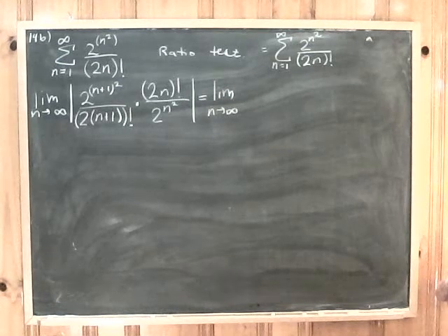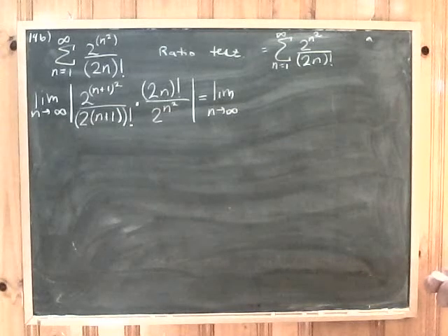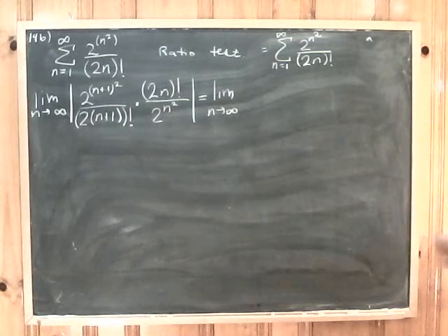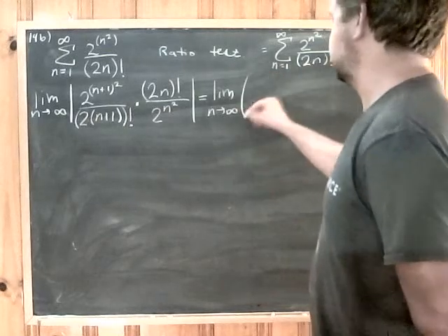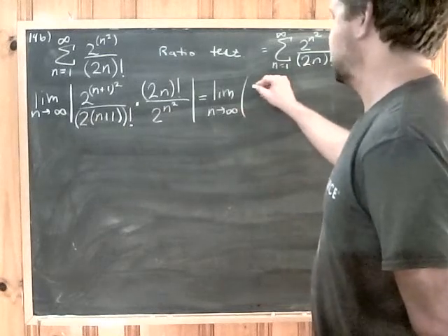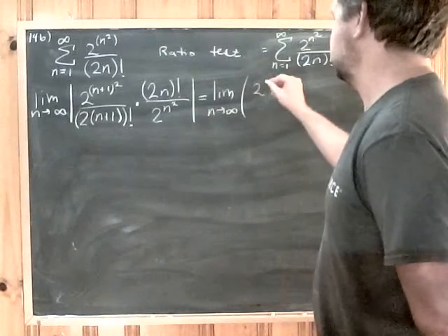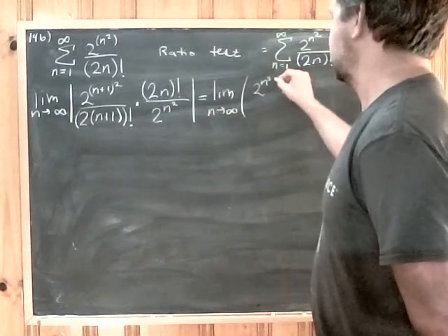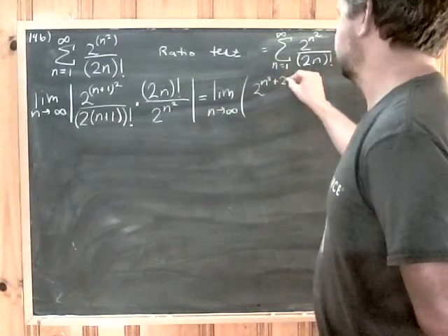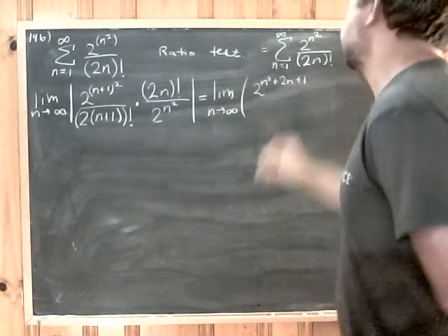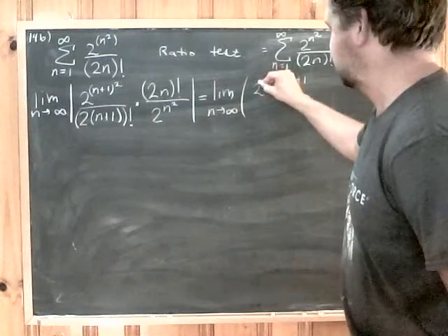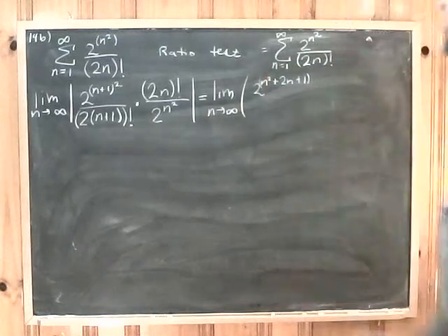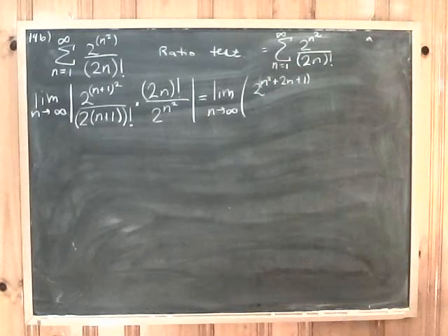And now I can expand some of those parenthesized expressions. So for instance, 2 to the (n plus 1) squared will be 2 to the (n squared plus 2n plus 1). That might be good to have parentheses there just to see it, since it's all in the power.